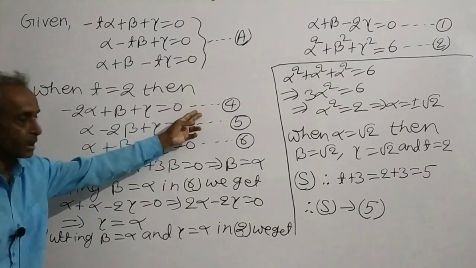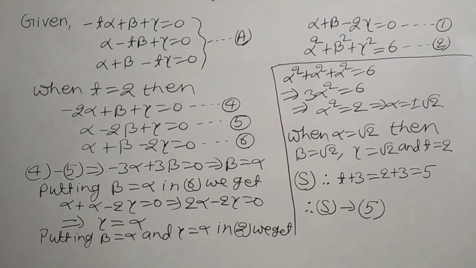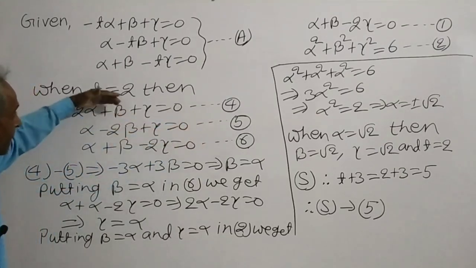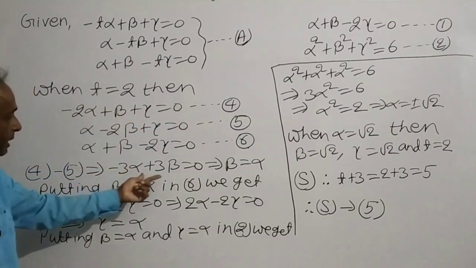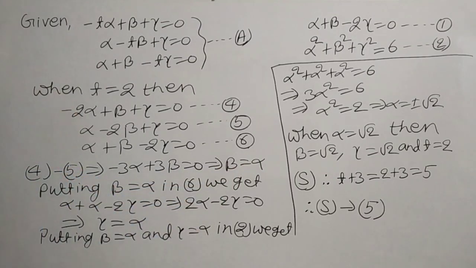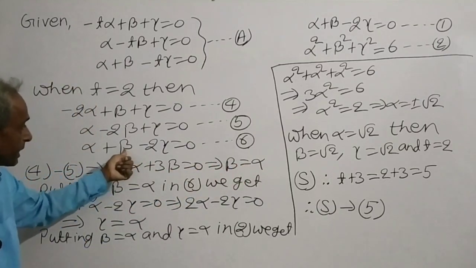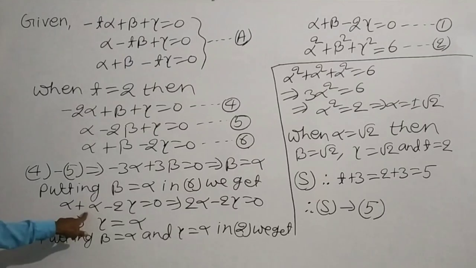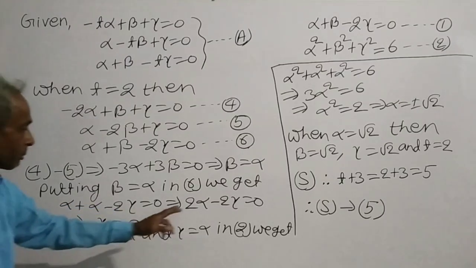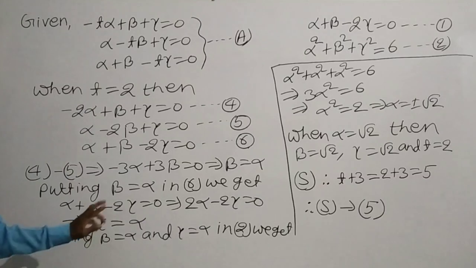We suppose this is number 4, this is number 5, this is number 6. 4 minus 5, this minus this gives this. That means beta is equal to alpha. Putting alpha in place of this beta, we get this. From this we get gamma is equal to alpha.